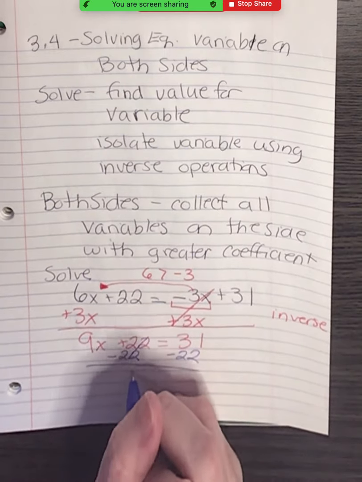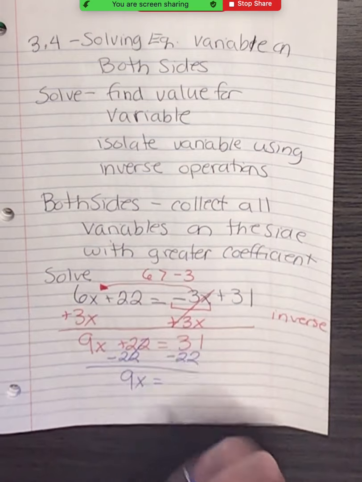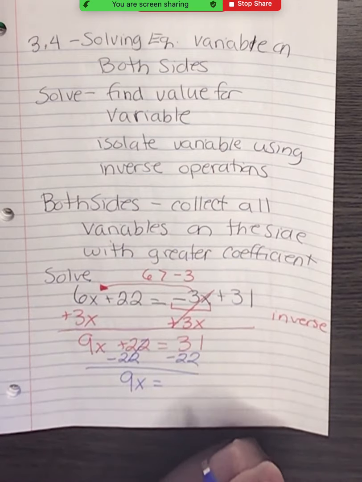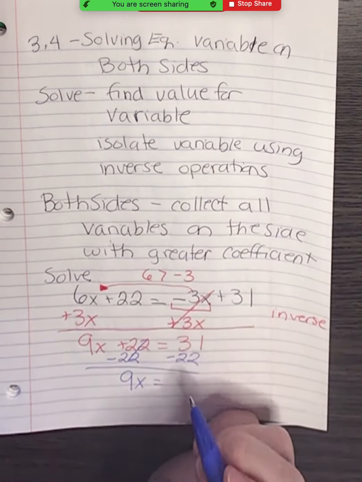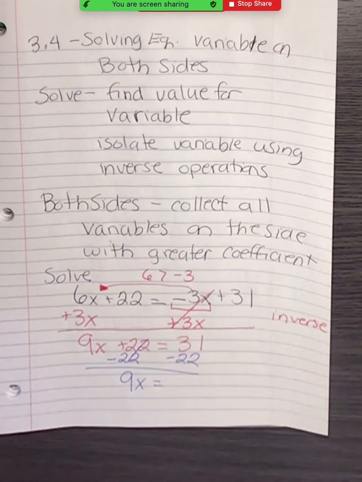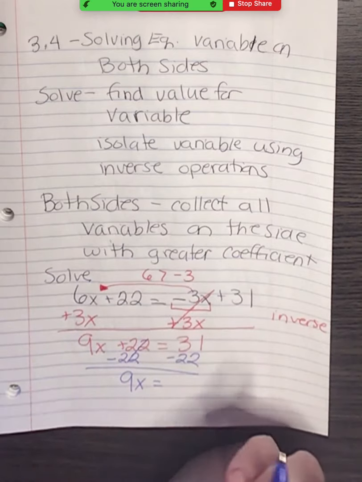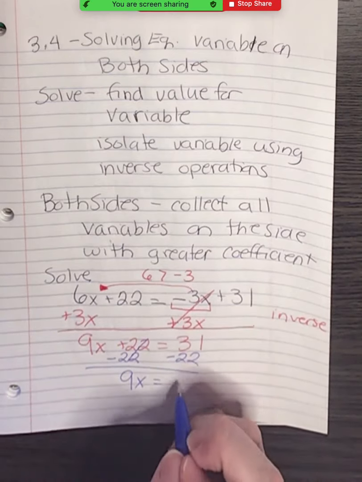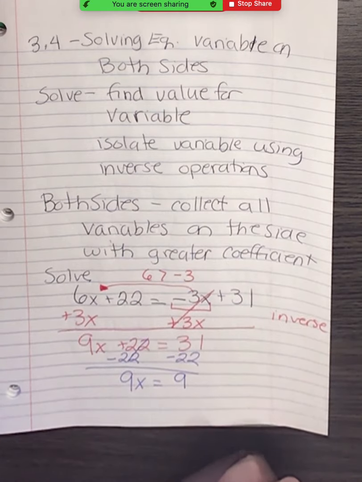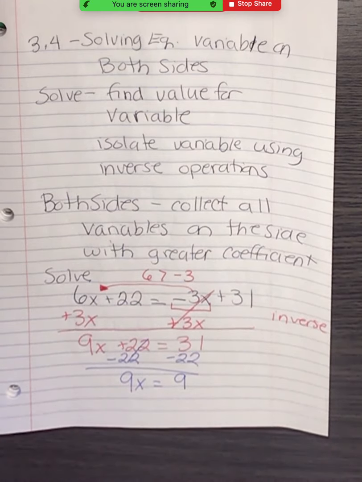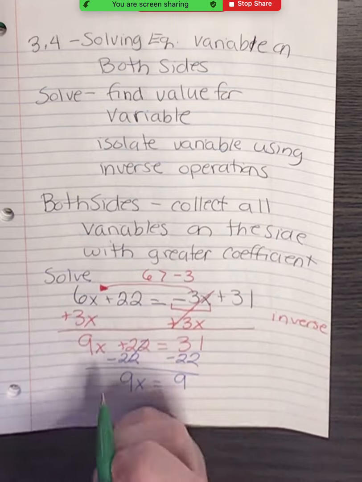So you're left with your 9x on the left. Then on the right, you have 31 minus 22, which is 9. But we don't know what x is yet. We know what 9x is.